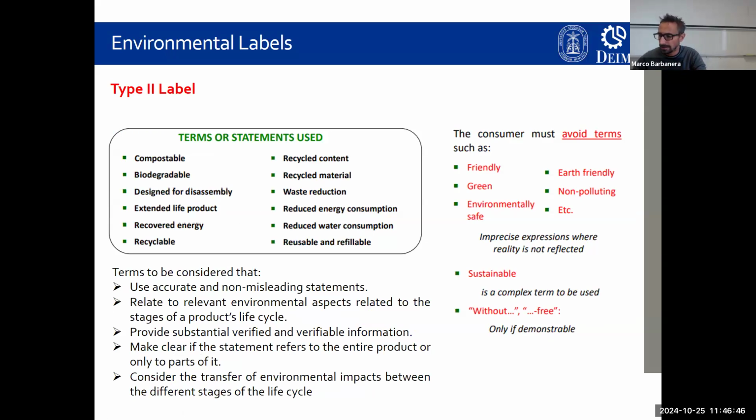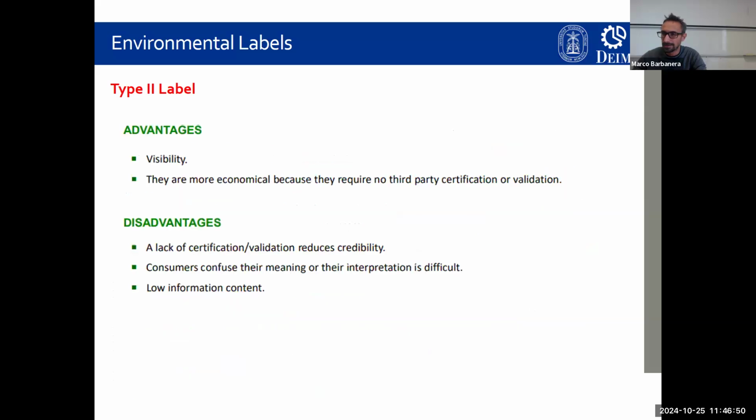So this kind of environmental label is not very useful, but the main advantage of this label is that this label is more economical because they require no third-party certification or validation. But on the other hand, a lack of certification and validation reduces credibility of this information to the consumer.